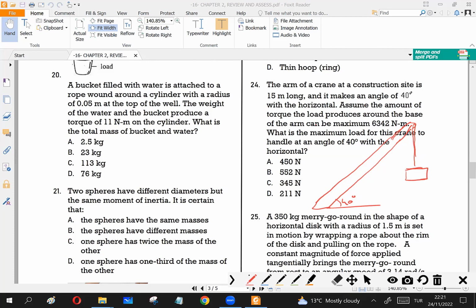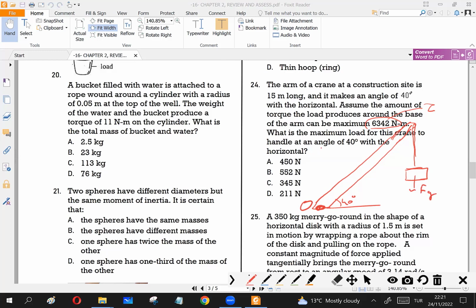Assume the amount of torque the load produces around the base of the crane, that is here, about this point, the axis of rotation, is 6,342 Newton meters. What is the maximum load? That is, calculate Fg. Load means gravitational force.